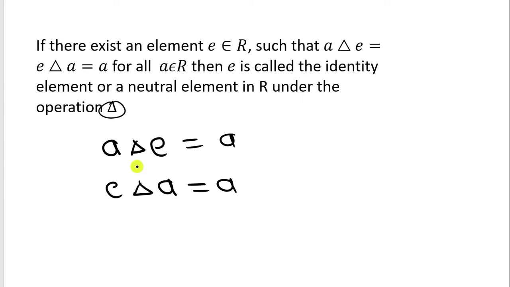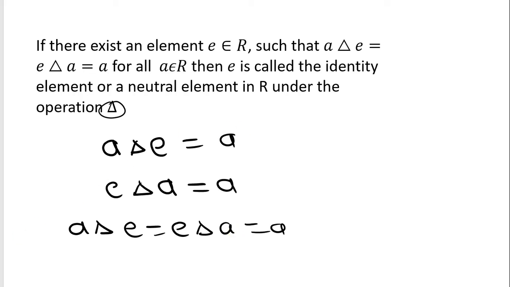That is why the definition is saying that A star E, that is A operating on E, is equal to the same E operating on A, and this is supposed to give you A. So the operation in question is supposed to be commutative. Although there are other instances whereby the operation is not commutative, but we try solving for identity element and you get a value for that. We'll get to that point. We'll go through some examples like that. But without wasting much time, let's consider an example.